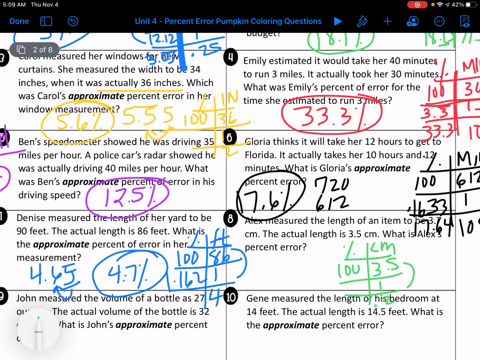So I'm going to divide 100 by 3.5. And I get 28 and a crazy decimal. I'm not clearing my calculator. I'm multiplying by 0.2, and I get 5.71. Well, the 1 tells the 7 to stay the same, so it's 5.7%.